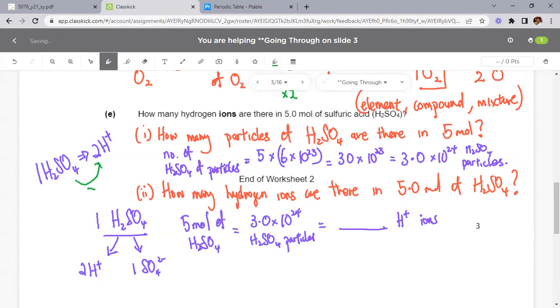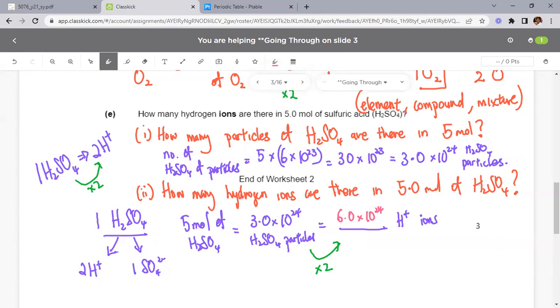H2SO4 to H plus is a 2 times, right? So from here to here you multiply by 2. Your final answer will be 6.0 times 10 to the power 24 H plus ions.